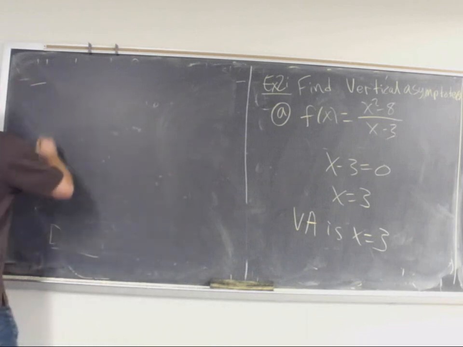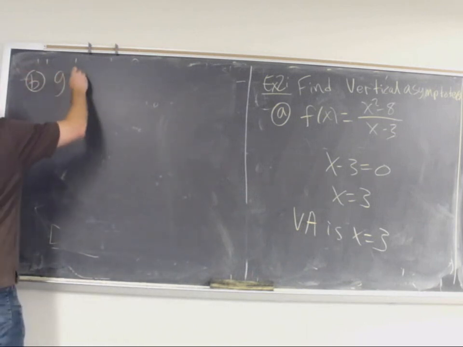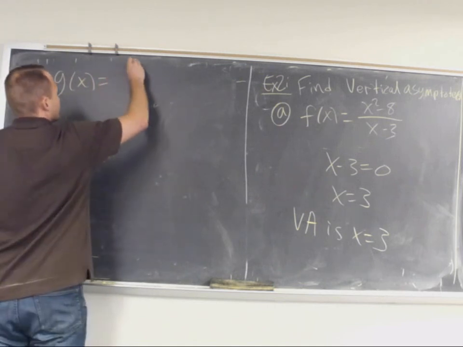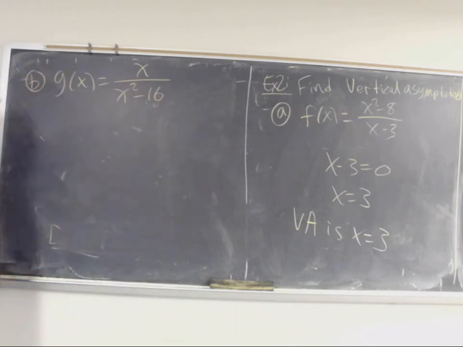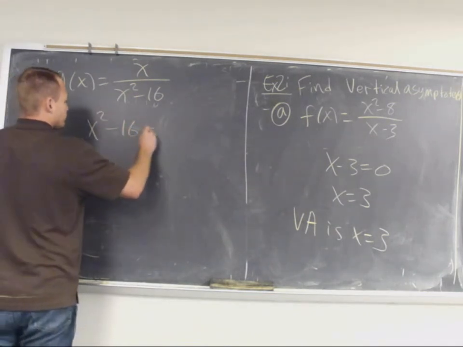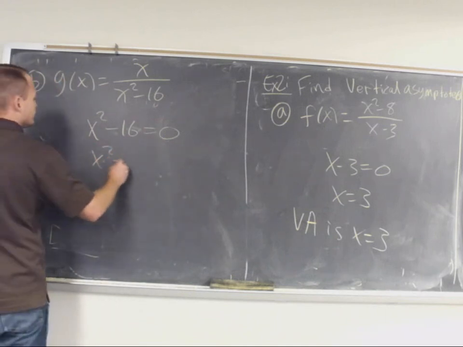So for example, if you had part B, let's call it G, and let's do the same one we just had. X divided by x squared minus 16. Starts the same way. You set the bottom equal to 0 and solve for x. X squared is equal to 16.